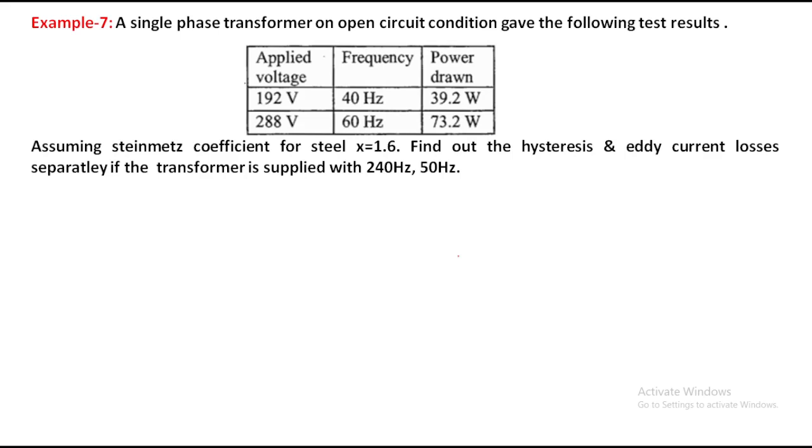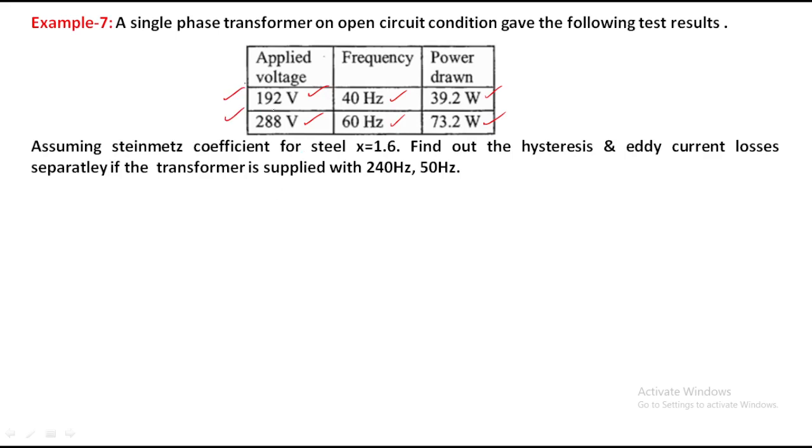Next is what? Yeah. A single phase transformer on open circuit condition gave the following test results: the applied voltage 192 volts and 288 volts, frequency 40 hertz and 60 hertz, and power drawn 39.2 watts and 73.2 watts. These are the obtained results for different supply voltages.